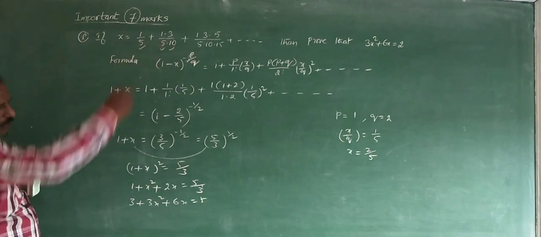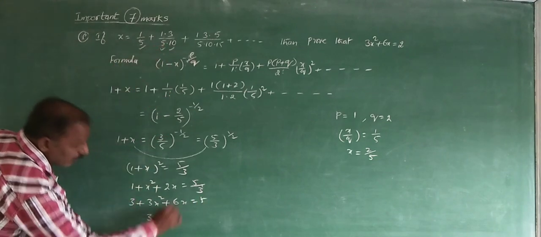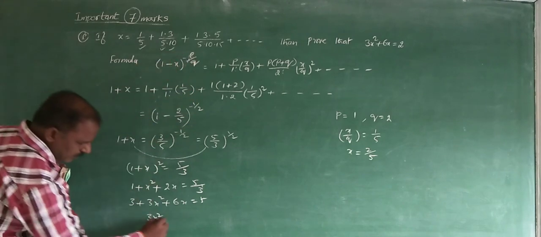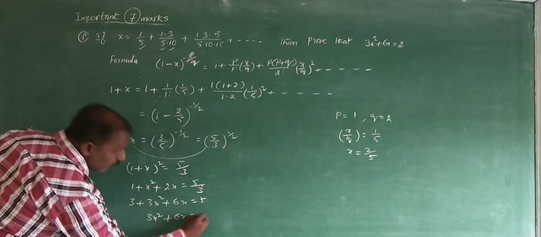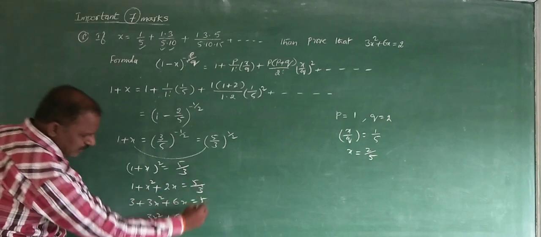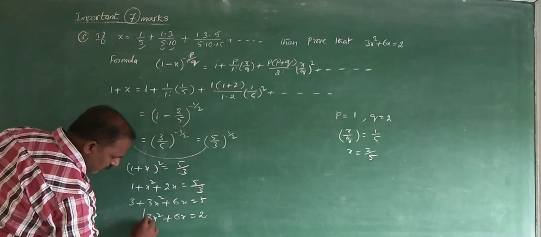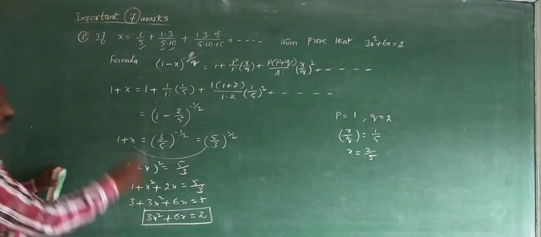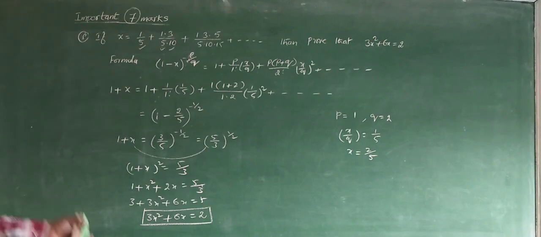Now, look here, 3x square plus 6x is equal to how much? 5 minus 3, that is 2. That's the proof of this. So a very important problem, given many times. And I think for the intermediate exam, it's very easy.